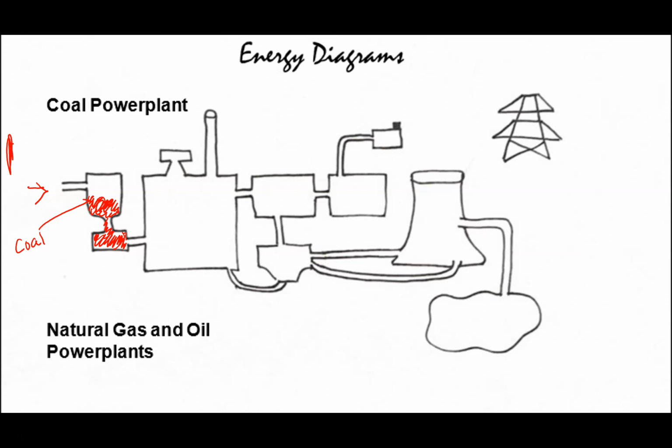Now, down here, it also says natural gas and oil power plants. So this means we could also do this same process with natural gas or oil. We're going to use coal as an example today with this whole process. But please do remember that this could also be a natural gas power plant, or an oil plant, to generate electricity.